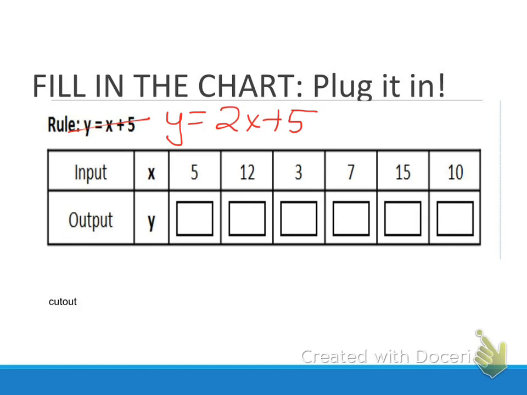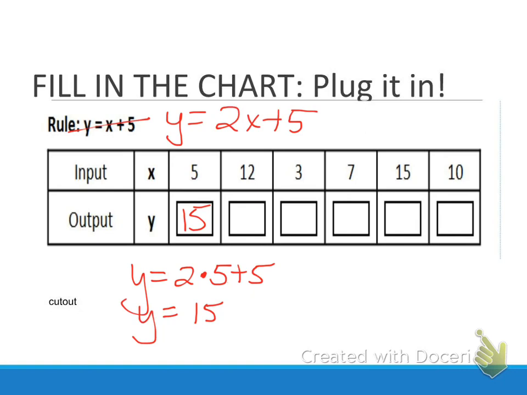So it would look like this. Y equals 2 times 5 plus 5. Follow order of operations like we did yesterday. Y equals 2 times 5 is 10 plus 5 is 15. So our answer would be 15. Do you see it? So you have to put it in the equation. I don't see it. Okay.